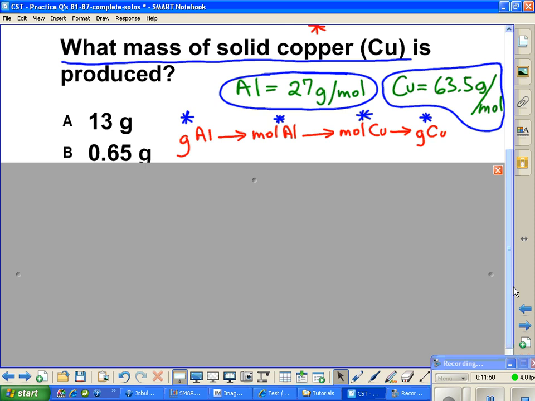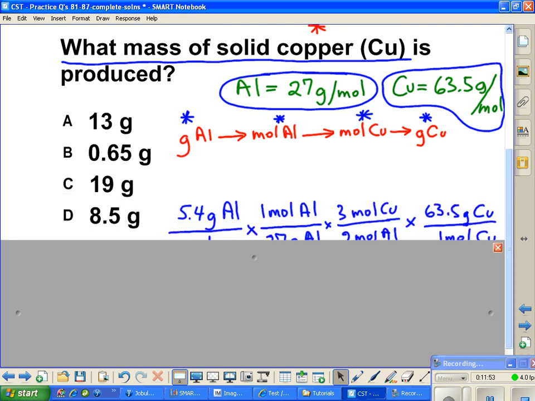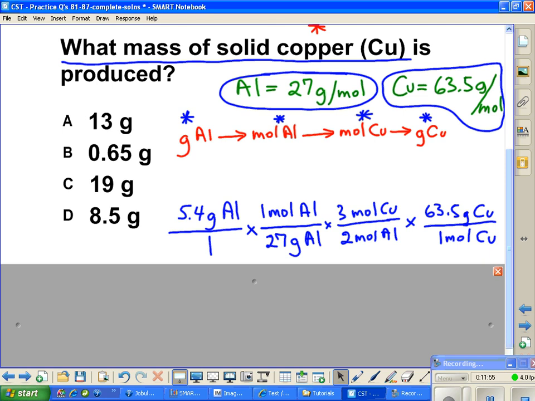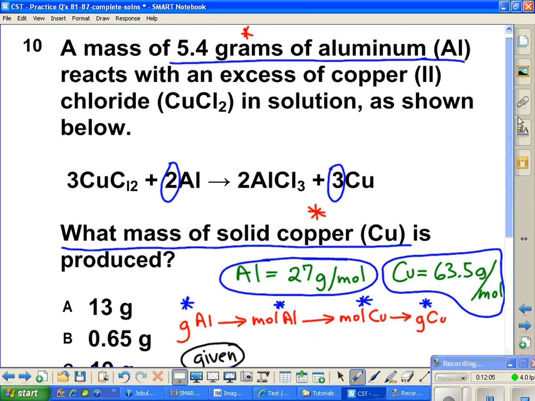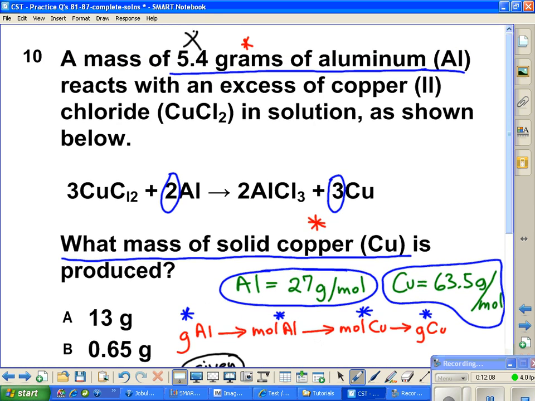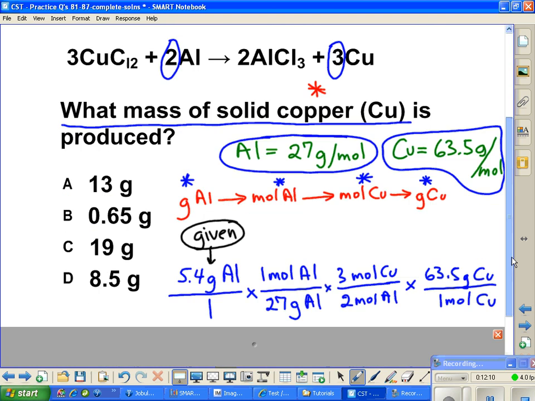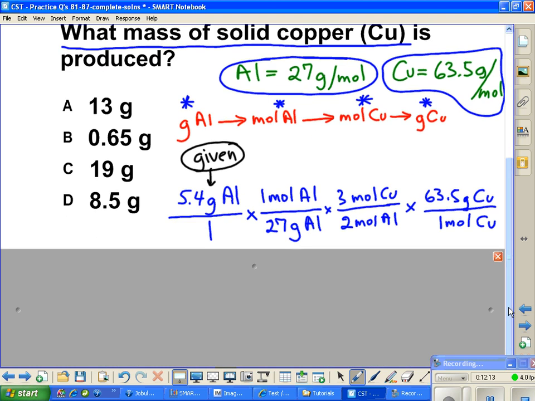So when we actually run the numbers, here's the way it's going to look. Right here, we have the given, 5.4 grams of aluminum, and you'll see that right up here. Next, we have the molar mass off the periodic chart. And that happens right here. Next is the mole ratio.